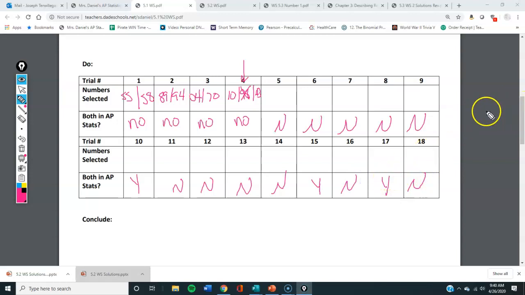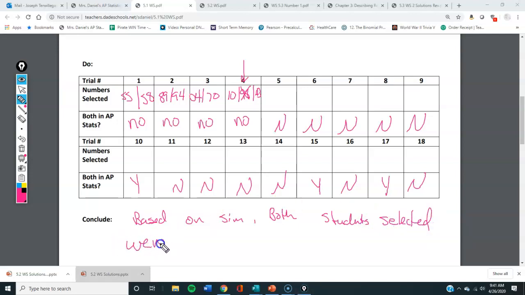All right. So what conclusion can I draw? Based on our simulation, both students selected were in AP Stats 16.67%, 3 out of 18, of the time.